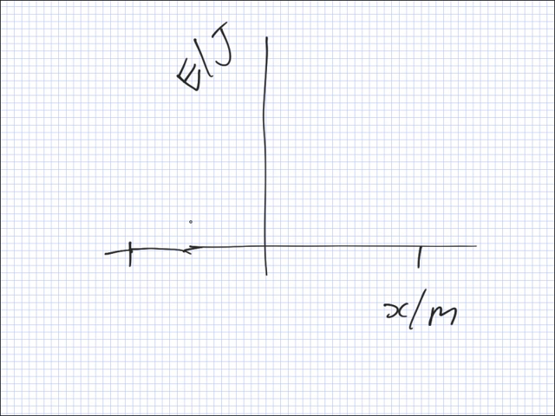So actually, all I'll do is I'll do it in millimeters. Minus 12 to 12. And at the very beginning, when you pull it out to the 12, it has no kinetic energy. So the kinetic energy part goes like this.